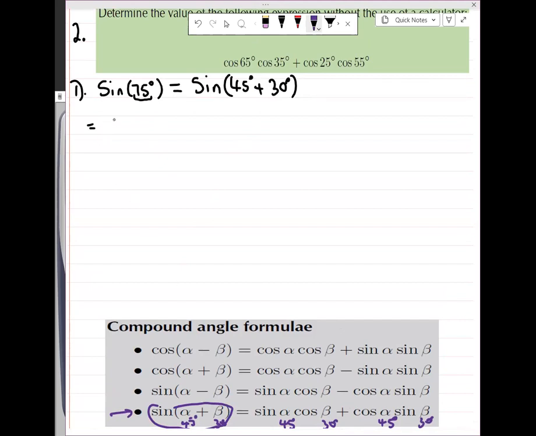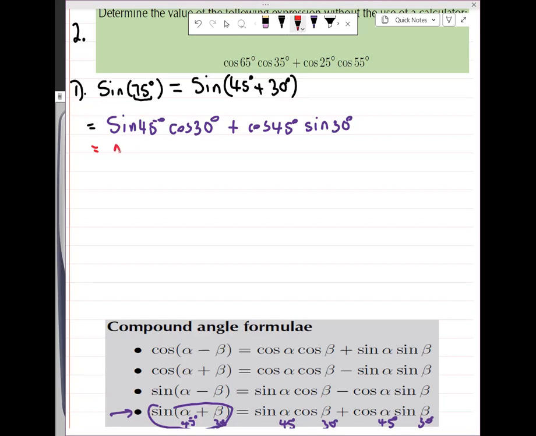We have sine 45 degrees cos 30 degrees, plus cos 45 degrees sine 30 degrees. Remember, I told you the strategy of working with special angles. You don't just press everything at once. You do it one by one.